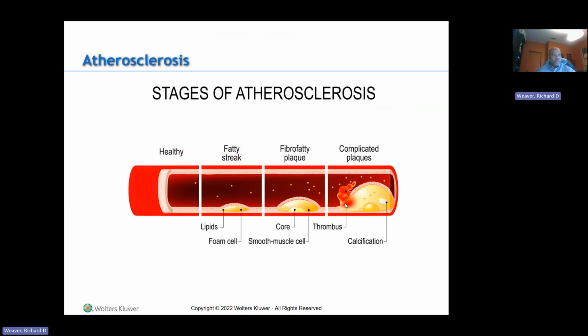Now, the same is true if this was in the brain. Blood is traveling in this direction, and let's say this is an area of an artery that supplies, I don't know, the cerebellum in the brain. You have this thrombus formation here, and blood cannot get beyond that point because of the thrombus.